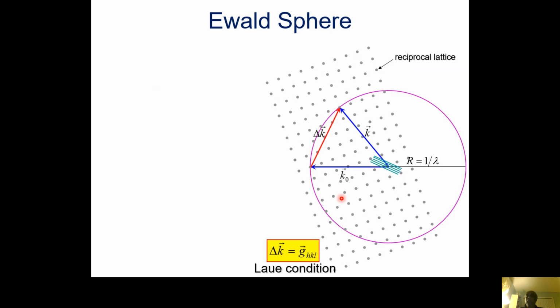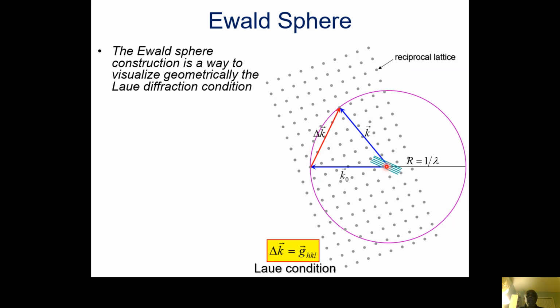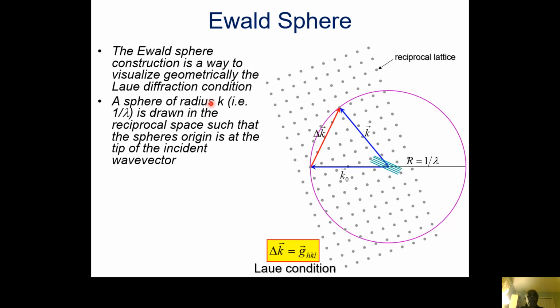To satisfy this, we draw a circle geometrically. We draw a sphere with radius 2 pi over lambda. Forget about 2 pi, it's 1 over lambda. You draw a circle with radius 1 over lambda, because we know lambda, right?